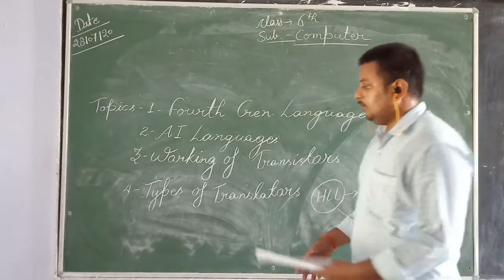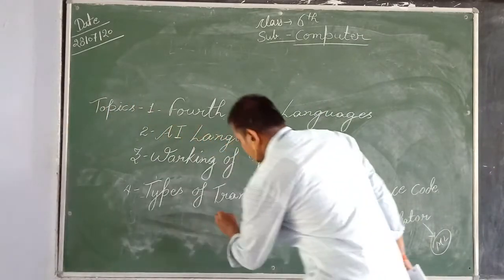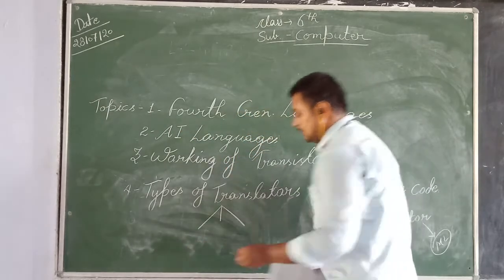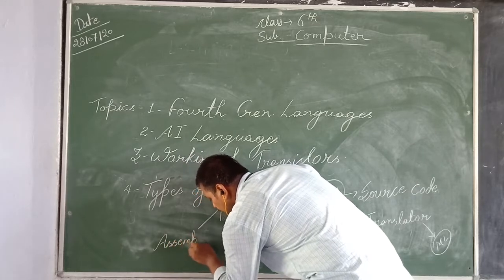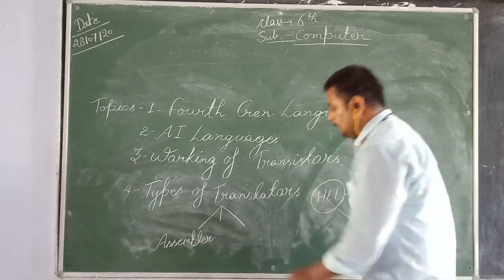Translators, or language processors, are of three types. First is the assembler. The second is the compiler.